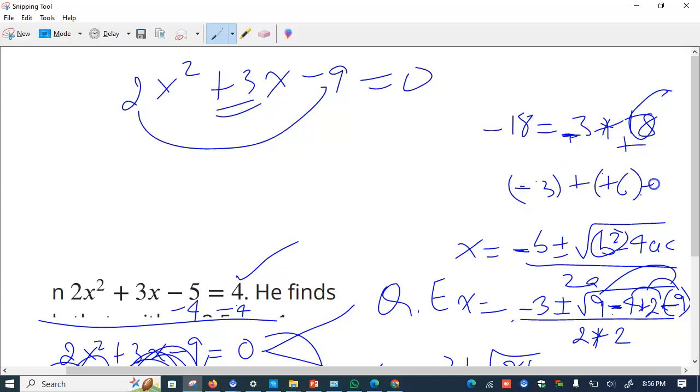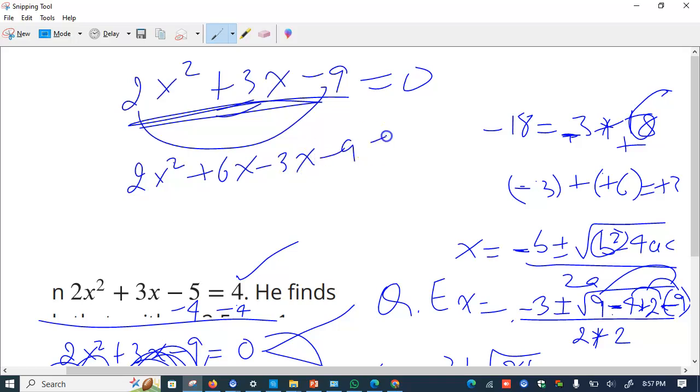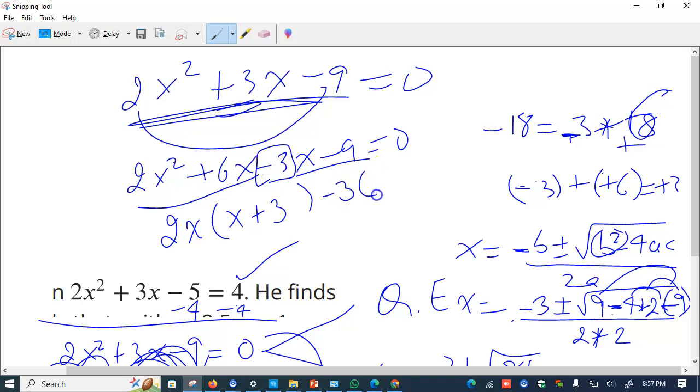And that's how you can write this as 2x squared plus 6x minus 3x, and then factorize the first two. 2 and x is the common factor, and you can write x plus 3. And here you can see there's a minus 3, which you have to take as a common factor.